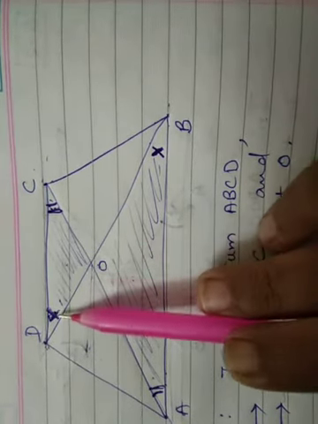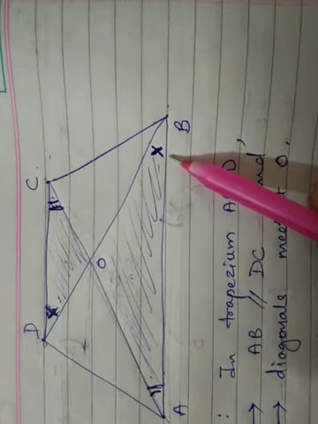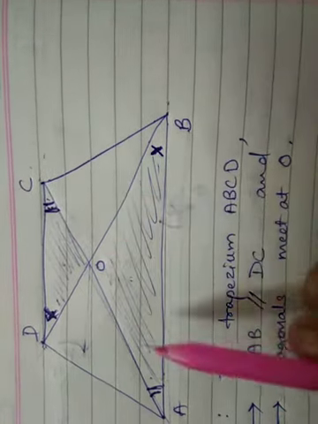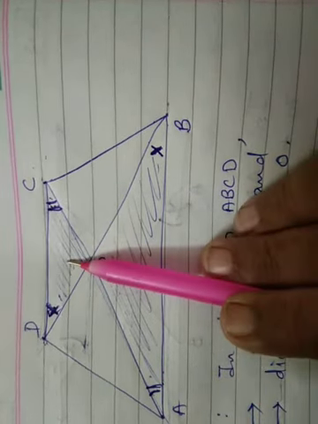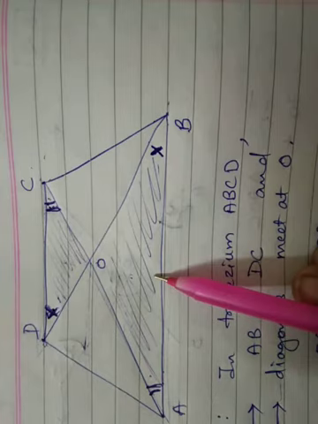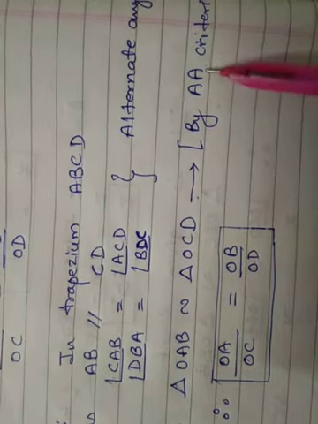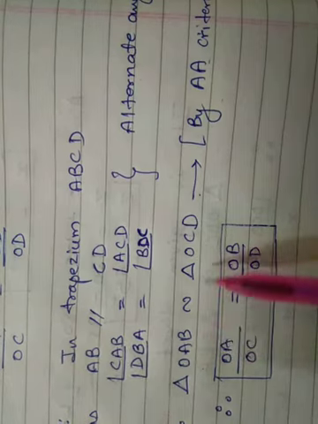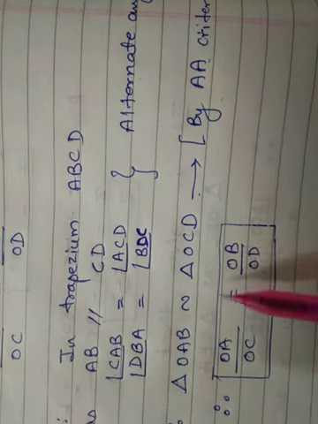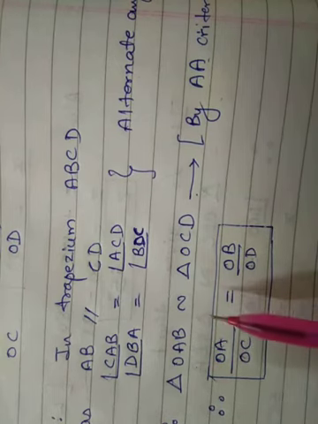The shaded triangle: in the smaller triangle angle D and in the bigger one angle B, in the smaller triangle angle C and in the bigger triangle angle A. So two angles of this triangle and two angles of that triangle are equal, and therefore I can say that by the angle criteria, two angles are equal in both the triangles, so the two triangles are similar.